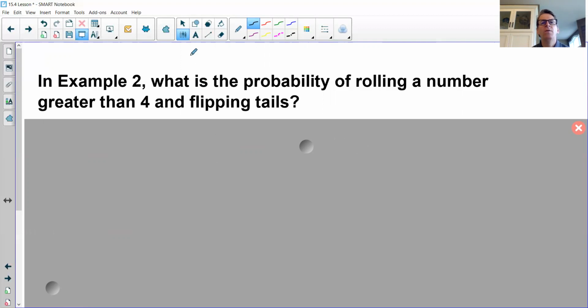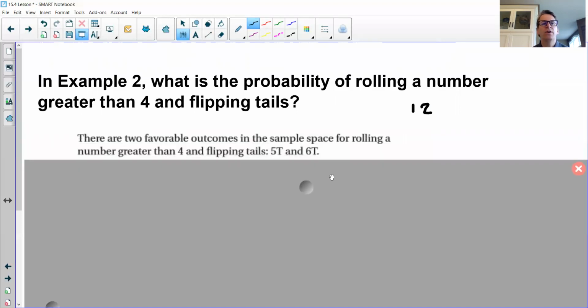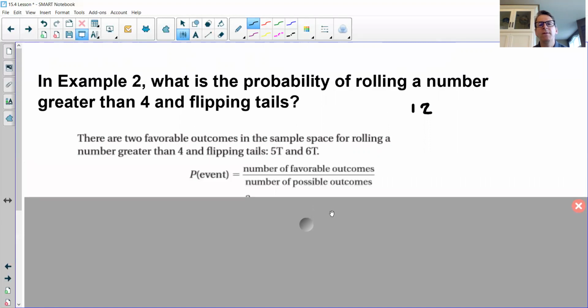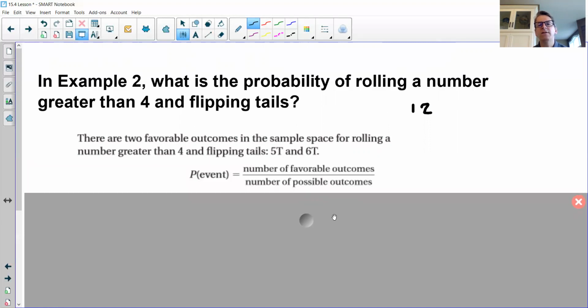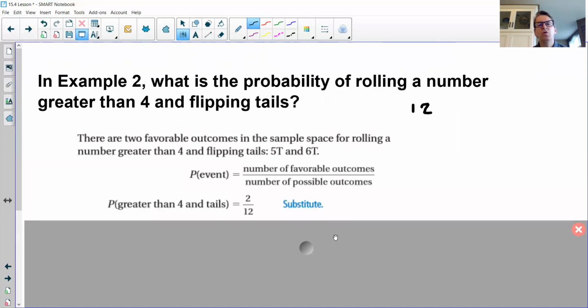So there are 2 favorable outcomes in the sample space for rolling a number greater than 4 and flipping tails, 5 and T. Okay, so the probability of this event is going to be 2 over 12.